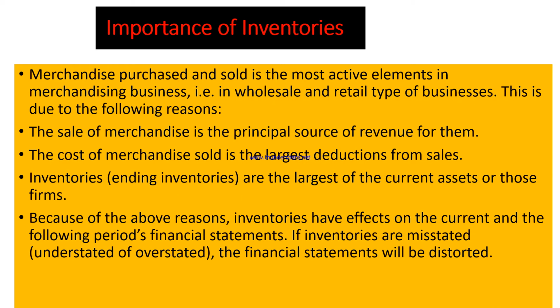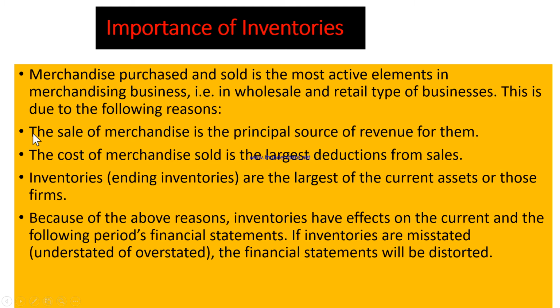When we come to the importance or advantage of inventories, merchandise purchased and sold is the most active element in a merchandising business, that means in wholesale and retail types of business. This is due to the following reasons.